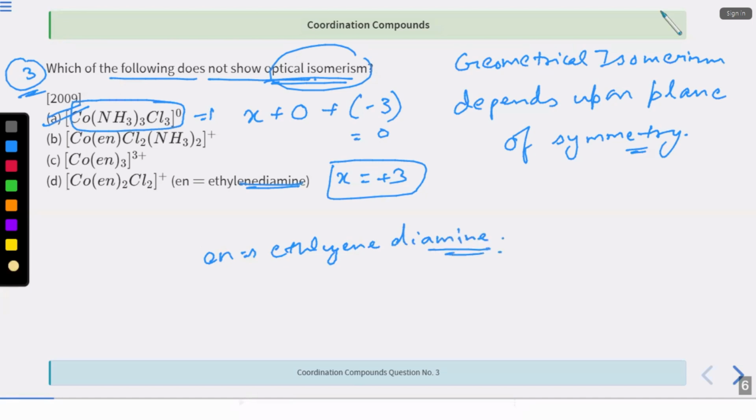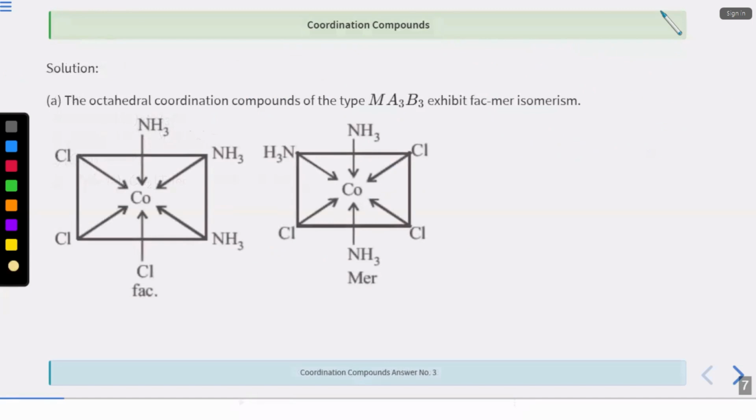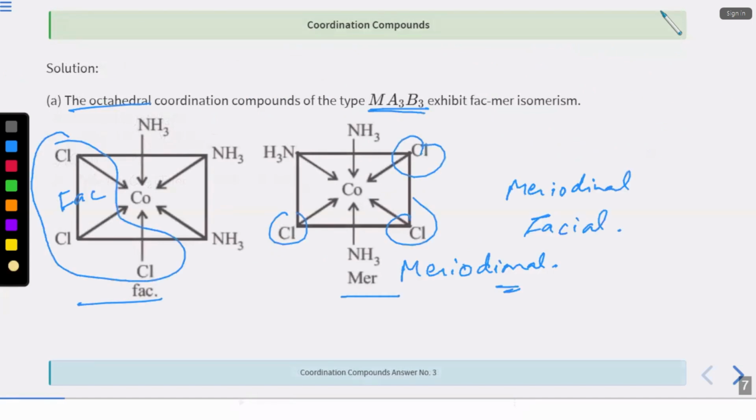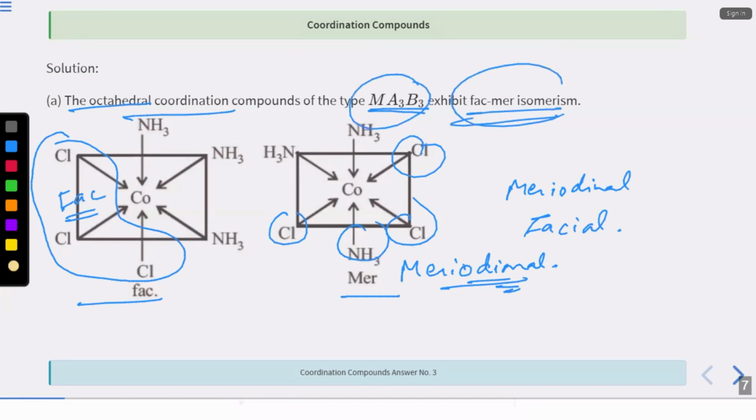Okay, so this was for the third question. Please remember this thing that this type of isomerism where all the three are on the same side is called facial, and when there is one in between these three, it is called meridional. Okay, so octahedral coordination compounds of type MA3B3 exhibit facial-meridional isomerism. This is important. Please remember this thing.